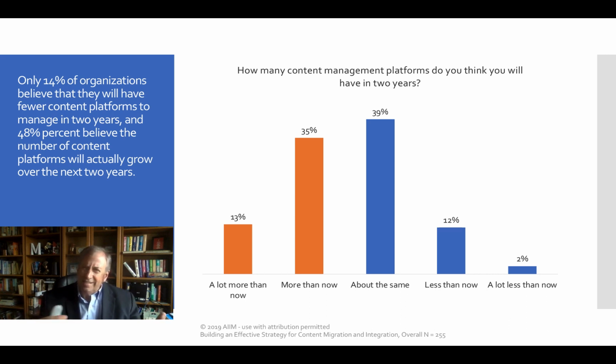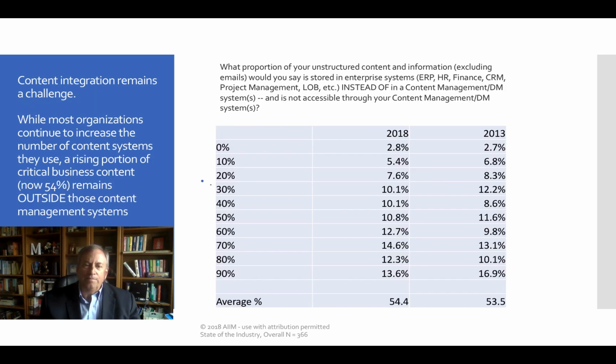And clearly there's this environment out there in which only 14% of organizations believe they'll have fewer content platforms in 2 years. So that puts a premium on the set of solutions that people call content migration and content integration, because it's going to be a multi-repository world and they're trying to struggle with how they deal with that.